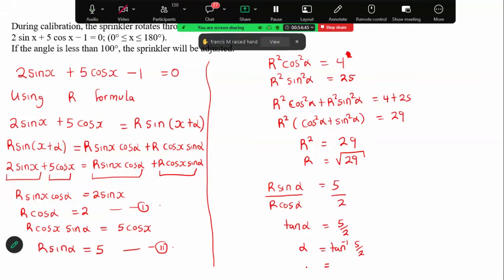Taking tan inverse of 5 divided by 2 will give us 68.199 degrees.